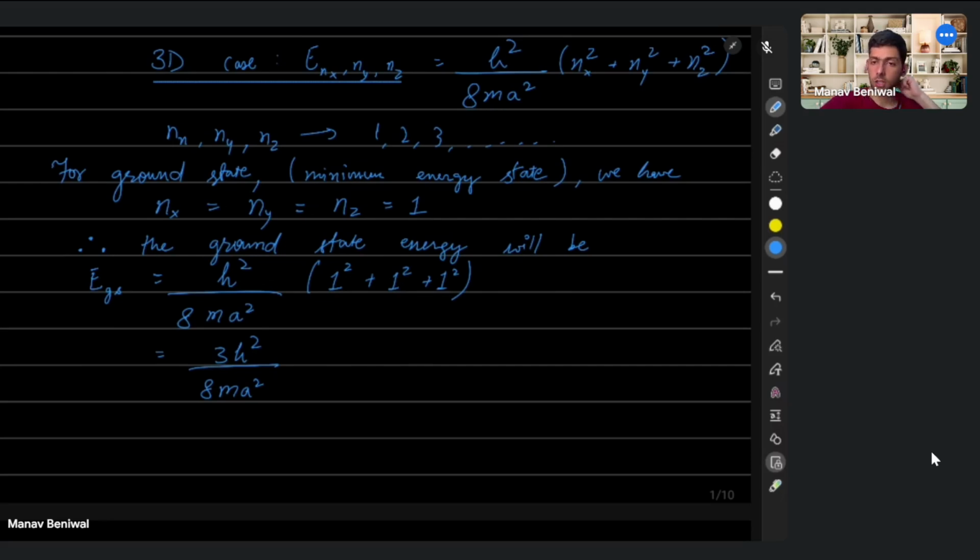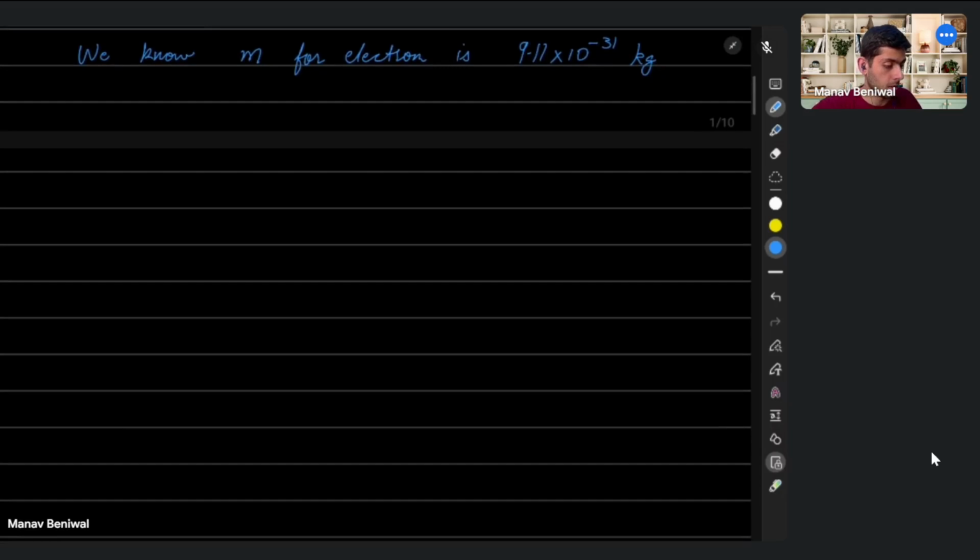Now we know h and we know m, we know a. So now all that is left is to just plug in the values. We know m for an electron is 9.11 times 10 to the minus 31 kg, and a of the box is given to be 2 angstroms.